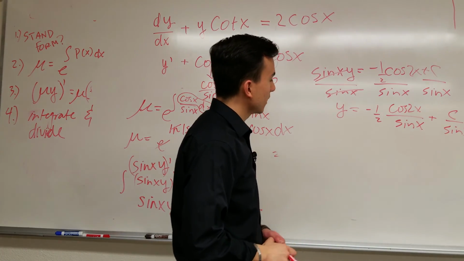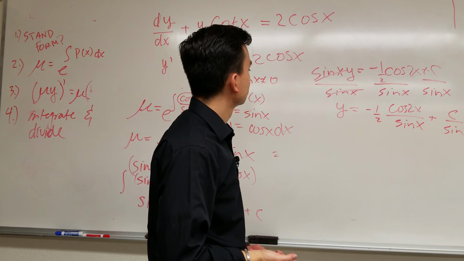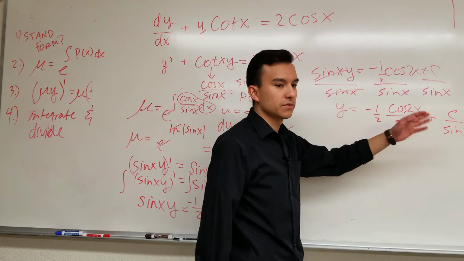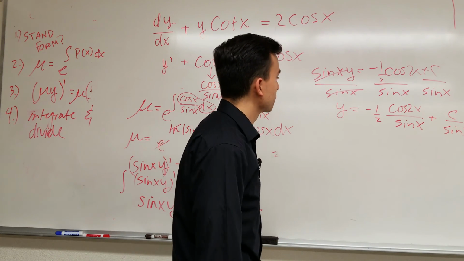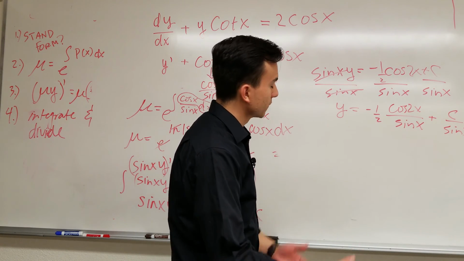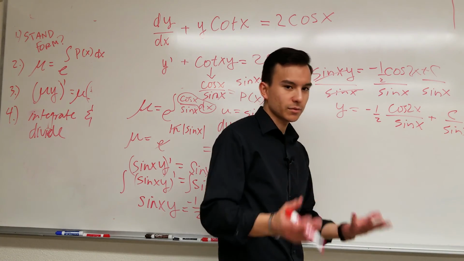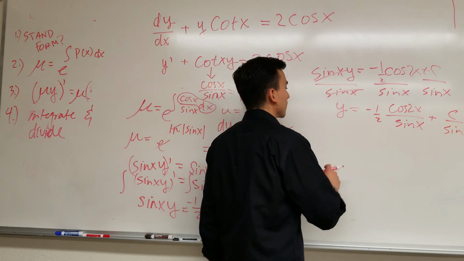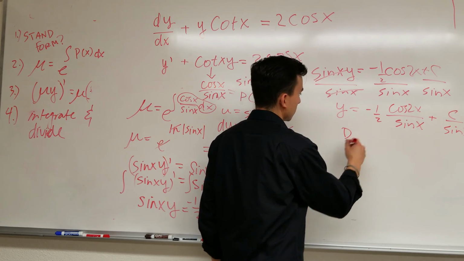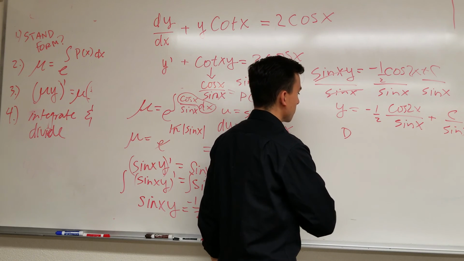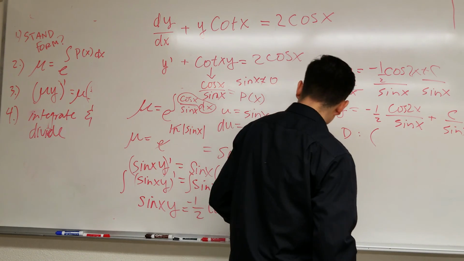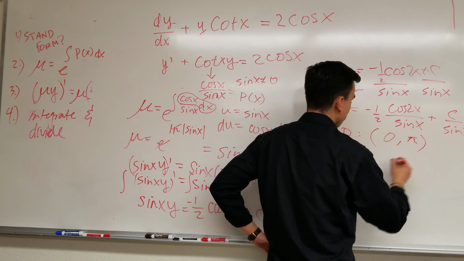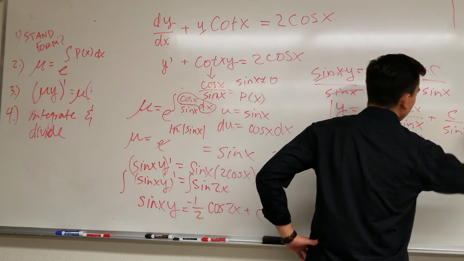Now I was really hoping that this was sine 2x, so that way we can get a different trig identity. But however, that's not the case. We don't always get what we want. But we really need to state the domain, because sine x can't be 0, right? So that's going to be 0 to pi. So now this is your answer.